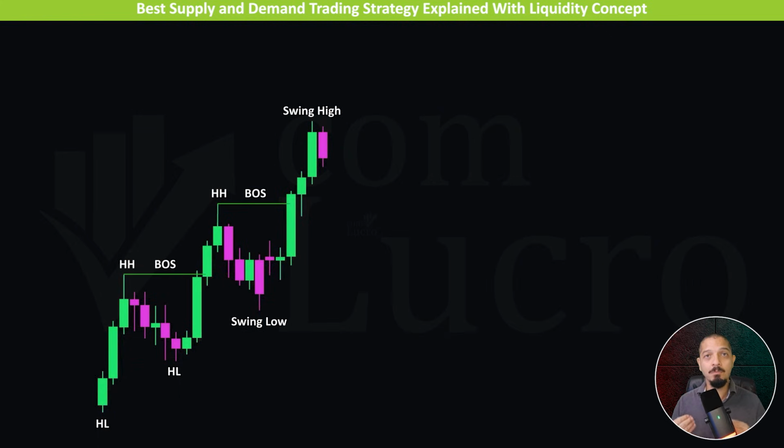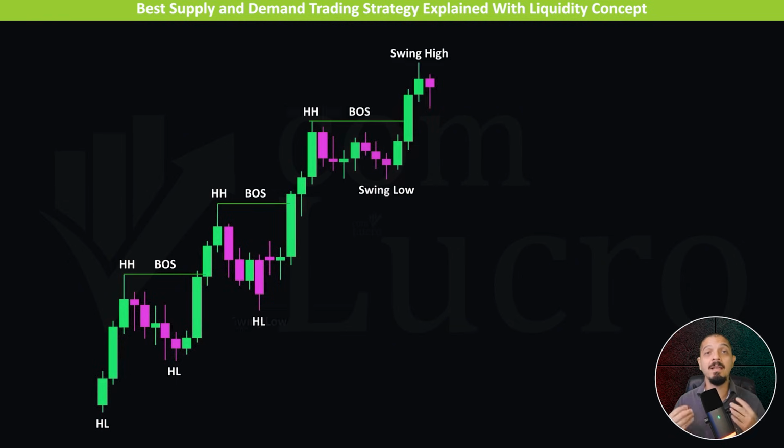As long as price remains above the latest protected swing low, the market stays in an uptrend and our bias remains bullish. If another breakout occurs to the upside, we then mark the lowest point that led to that breakout as the new protected swing low. And again, as long as price respects that level, we continue looking for buying opportunities.